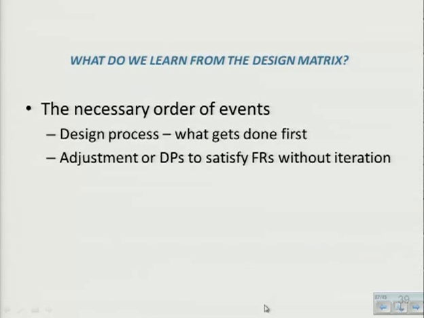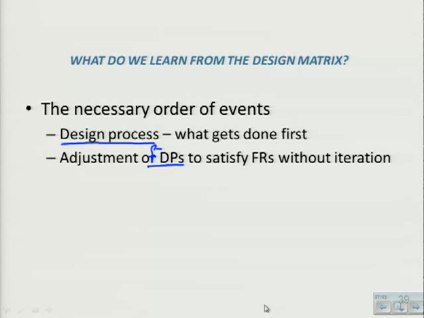All right. So what do we learn from the design matrix? Well, one thing is, when we're actually doing the design, what gets designed first? And in general, when we're using the design, the adjustment should be of DPs to satisfy FRs without iteration.